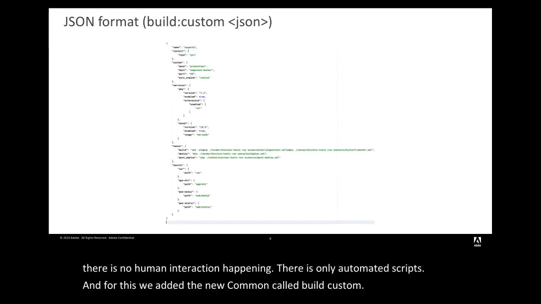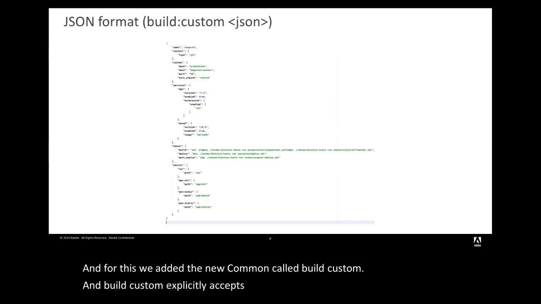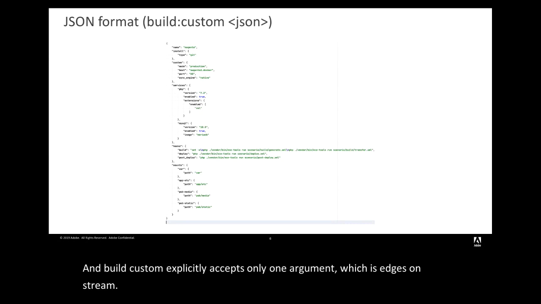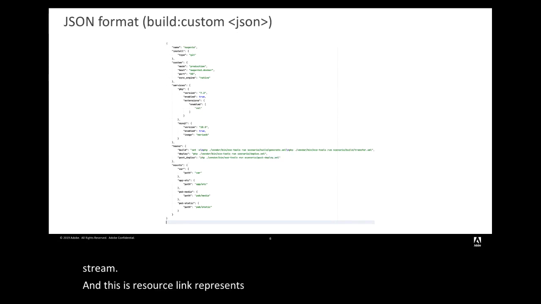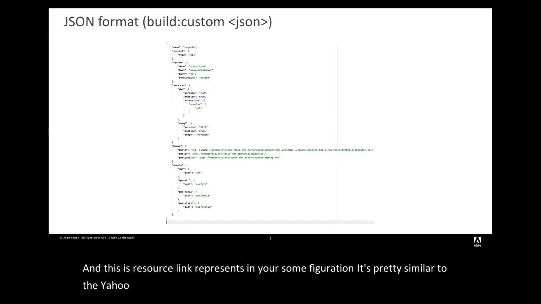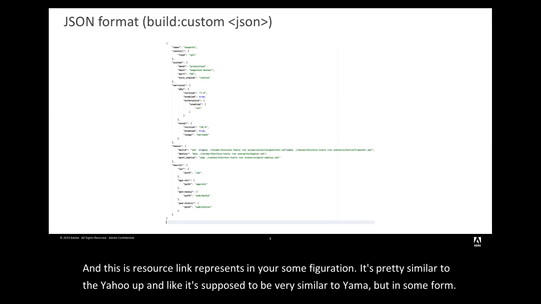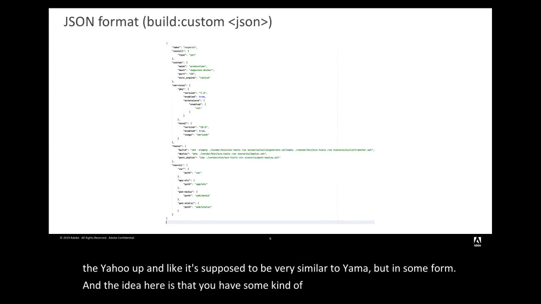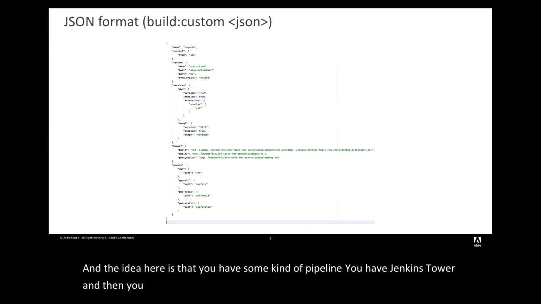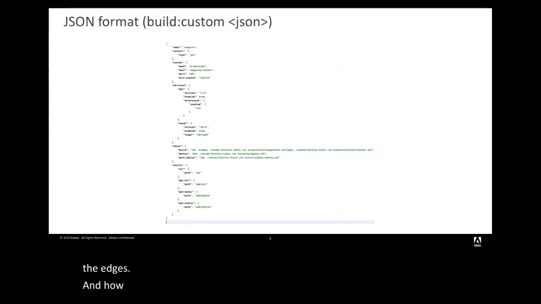Build custom explicitly accepts only one argument, which is a JSON string. This JSON string represents a universal configuration. It is supposed to be very similar to YAML, but in JSON form. The idea is that you have some kind of pipeline, you have Jenkins or whatever, and then you just send a request to build some target environment. You send the JSON payload, and Cloud Docker will build this environment for you.